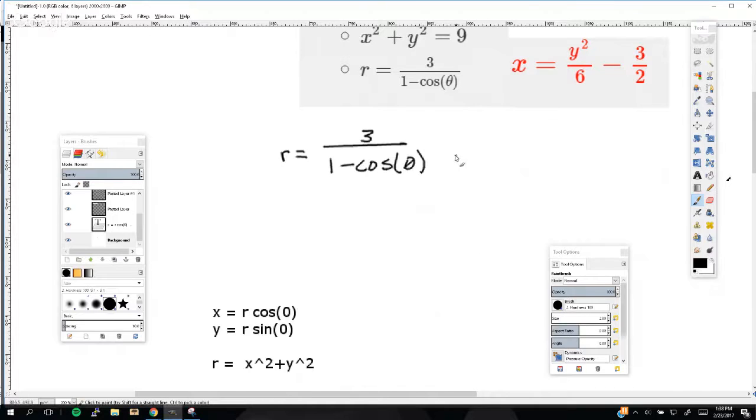So if we just multiply both sides by 1 minus cosine theta, we'd end up with r minus r cosine theta equals 3.